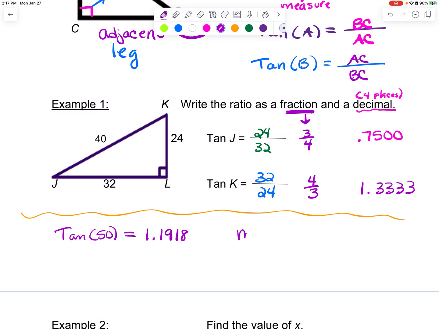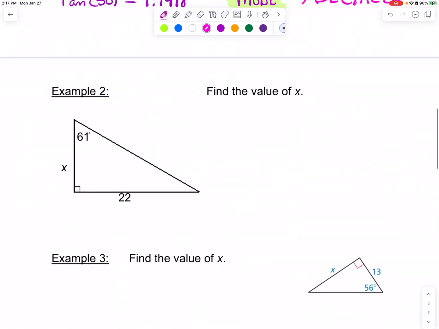So don't forget the mode, super important. The mode must be in degrees. Okay?